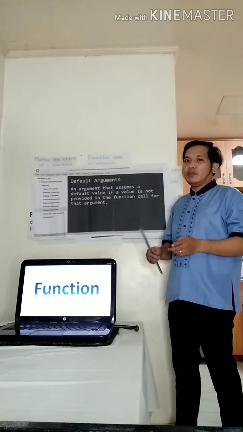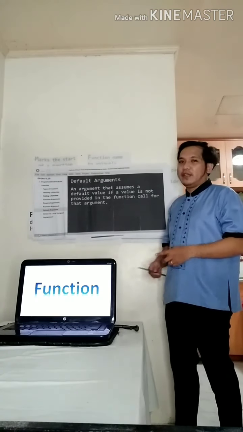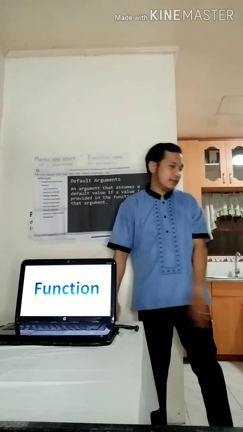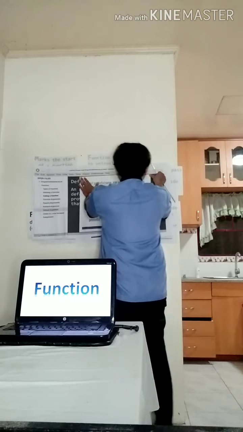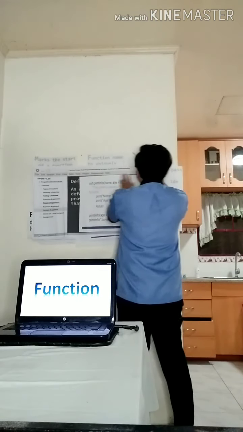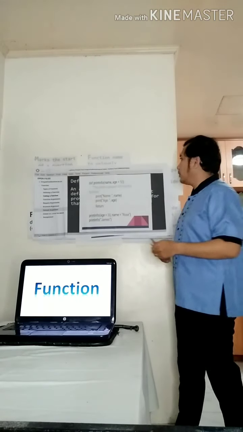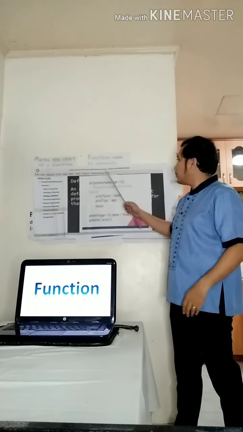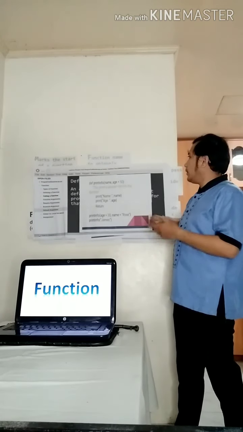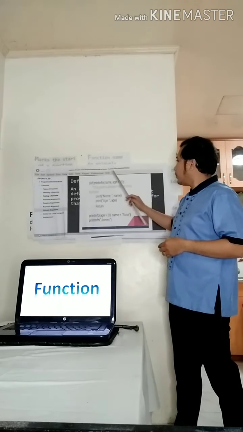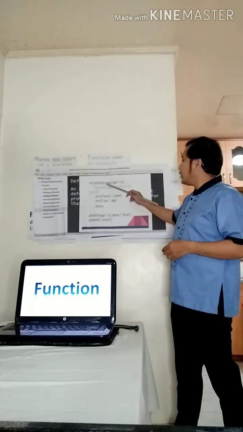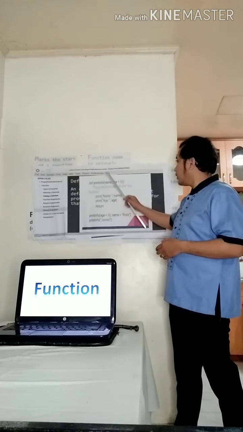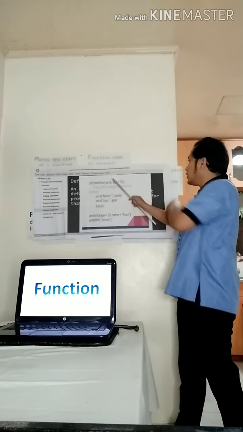So here's an example so we can better understand what a default argument is. I define the function named print_info again, and in the parameters I declared two arguments, the keyword name and age.